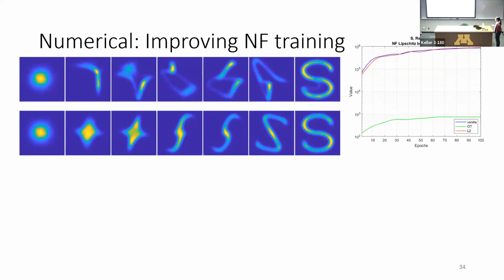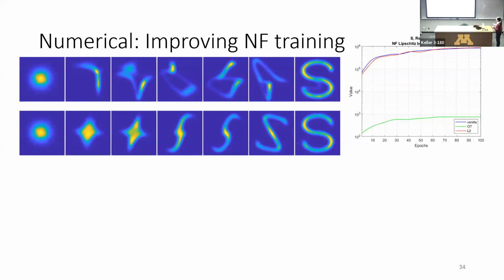You can see the trajectory of the second row is more regular than the first row. And if you compute the Lipschitz bound of each row, you will see when we impose the dynamic cost in the objective, we achieve the lowest Lipschitz bound.